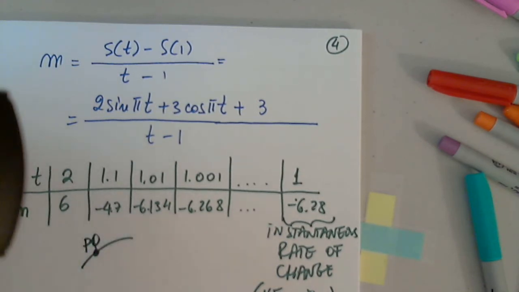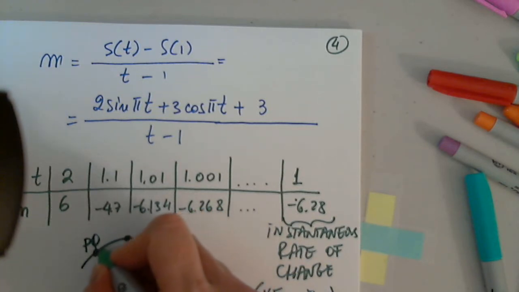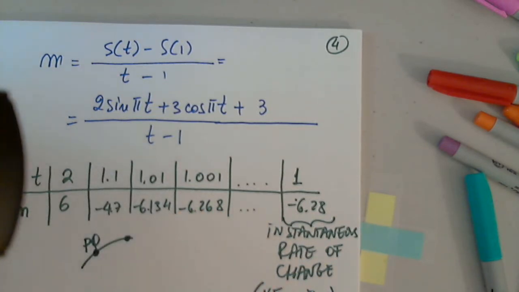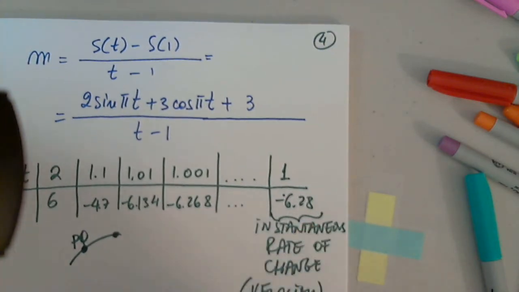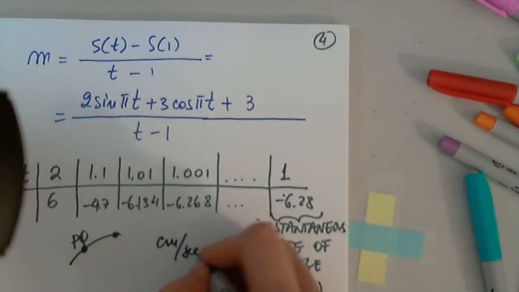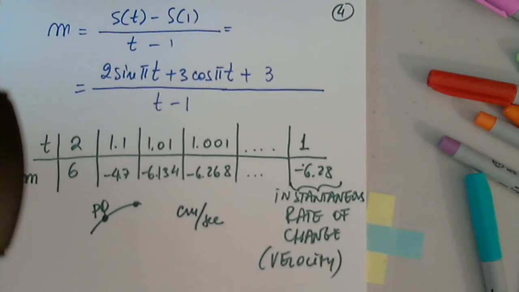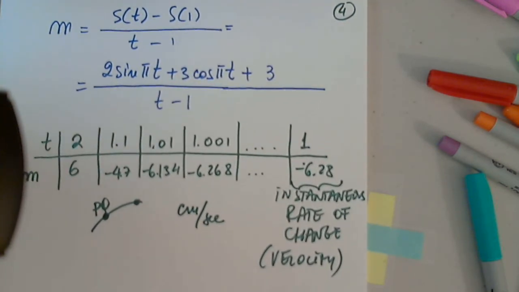So this is not P and Q. No. Q is here, and Q gets very, very close to it without overlapping it. Okay? And the measurement unit for all of them is centimeters per second. It's a rate of change. Remember, it has 2 measurement units, one coming from the top and one coming from the bottom.